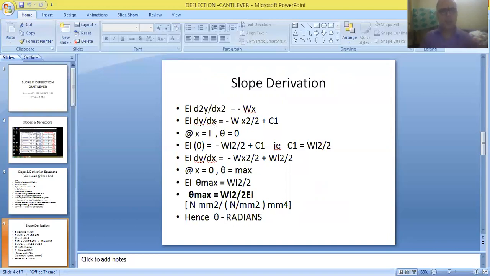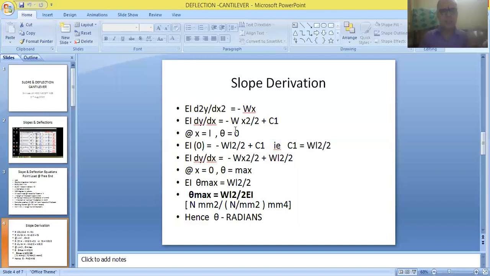We have to make integration for the first time. So it is written as EI dy by dx, which will be equivalent to minus wx square by 2 plus c1, since the integral of x is x square by 2.